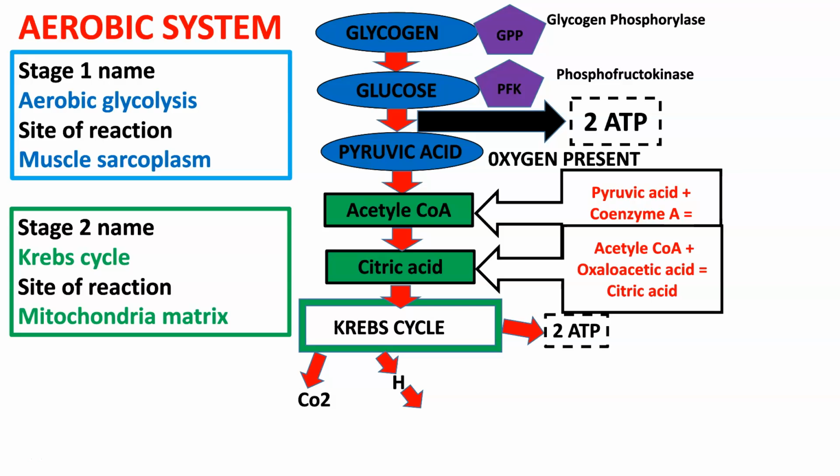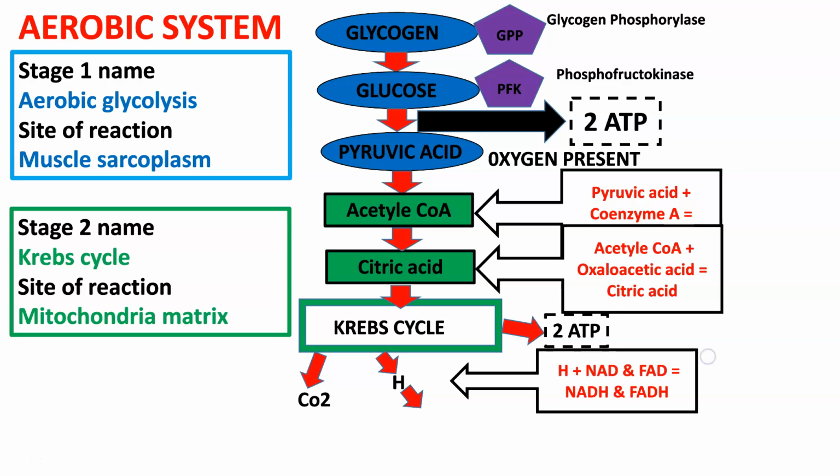Now, from this, hydrogen atoms are carried through to the electron transport chain, which is the third process, and they're carried along the process via these hydrogen carriers known as NAD and FAD. So it equals NADH, NAD hydrogen, and FADH, FAD hydrogen.